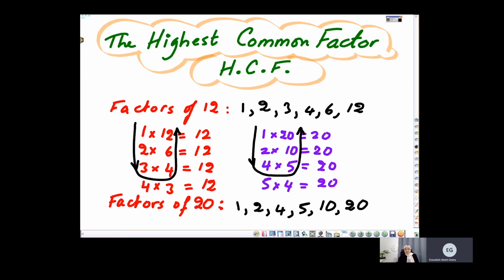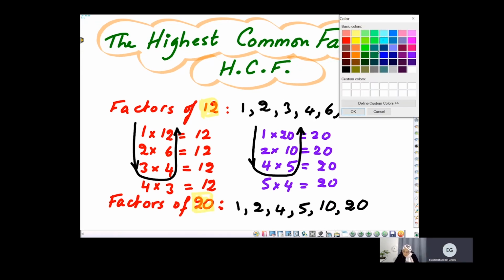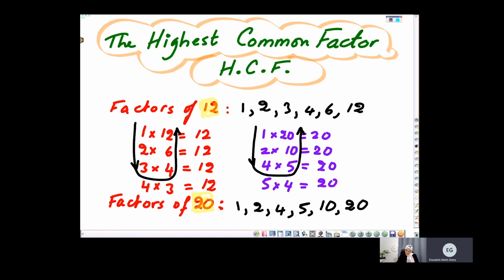What are the common factors? The common factors for 12 and 20. Common factors, common factors. 1 is common? Yes. 2 is common? Yes. 3?